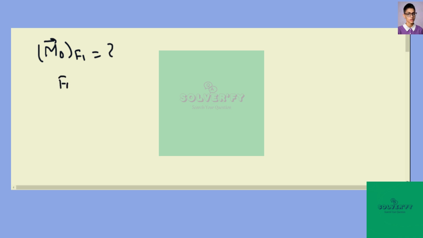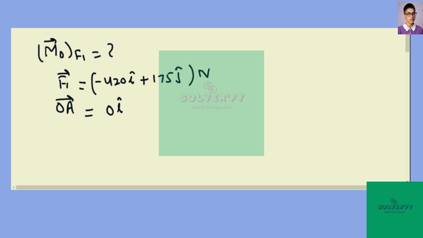F1 is minus 420 i cap plus 175 j cap Newton, and its rotating arm vector of the force is 0 i cap plus 2 j cap meter.